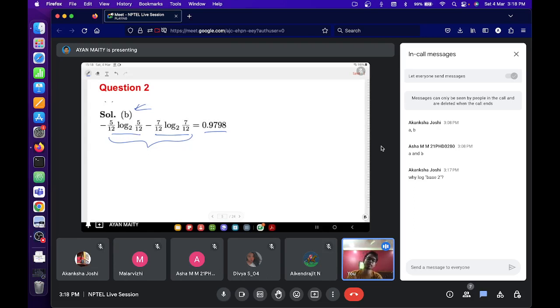So whatever base you take, 2 or e or even 10, it would not really matter. The information gain would be highest for the same variable, so the variable would not change even if you change the base.